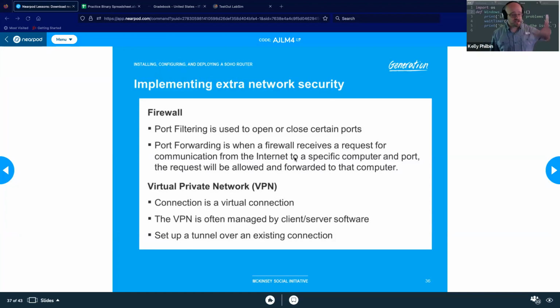When it gets to Google, the network address translation drops your IP but keeps your port numbers, and then puts theirs there. So it goes off and hits Google at port 80. When Google responds, they respond to my port number. When it comes back in and that port number is on there, the router says, okay, I know that port is associated with Kelly's computer, and so it forwards that packet to my computer. That's how the router is able to route the traffic when it comes back in on the NAT.